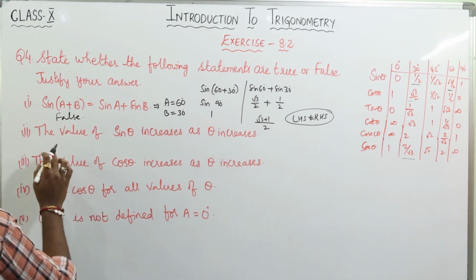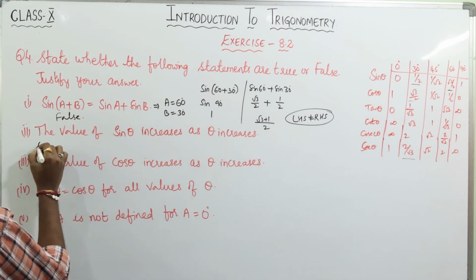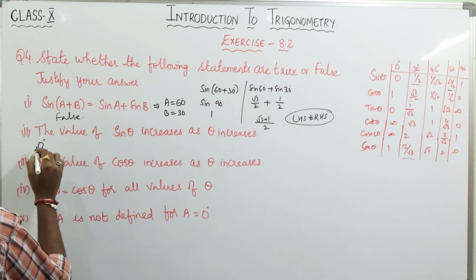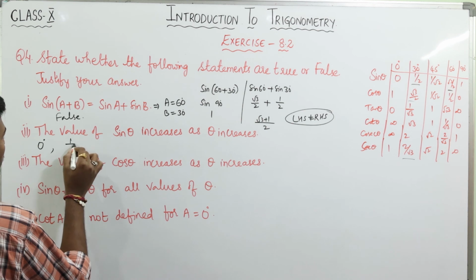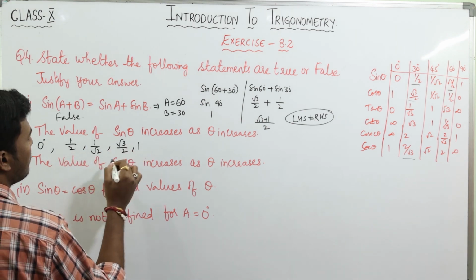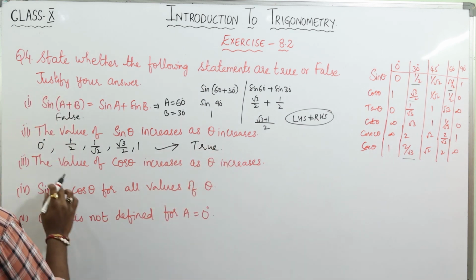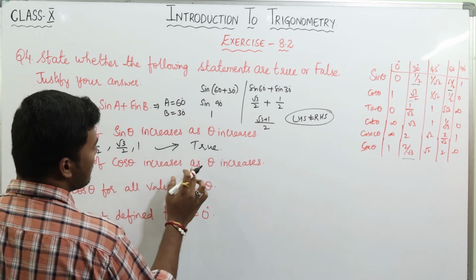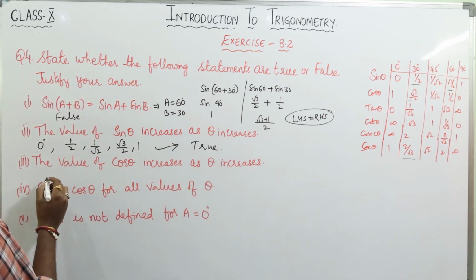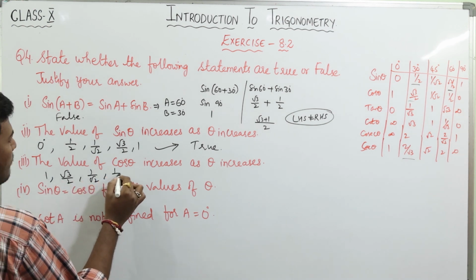Now the second one is, the value of sin theta increases as theta increases. Yes, sin 0 is 0, right? Then sin 30 is 1 by 2, then sin 45 is 1 by root 2, then root 3 by 2 and 1. So they are increasing. So that is correct. True. The values of cos theta increase as theta increases. What are the values of cos? 1, root 3 by 2, 1 by root 2, 1 by 2, 0.